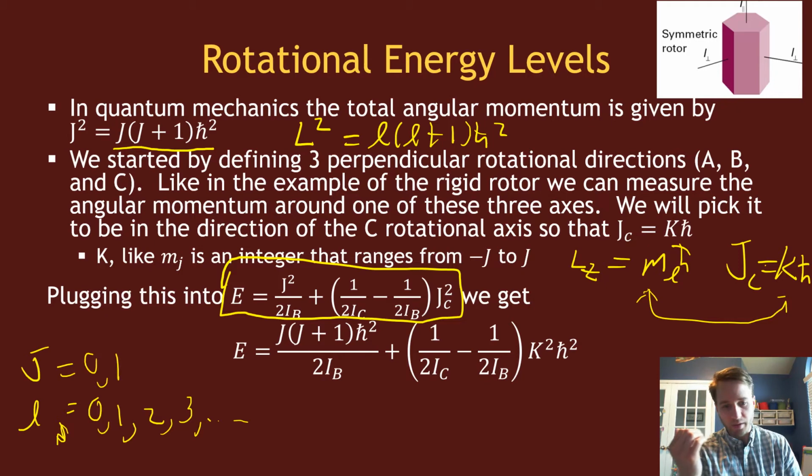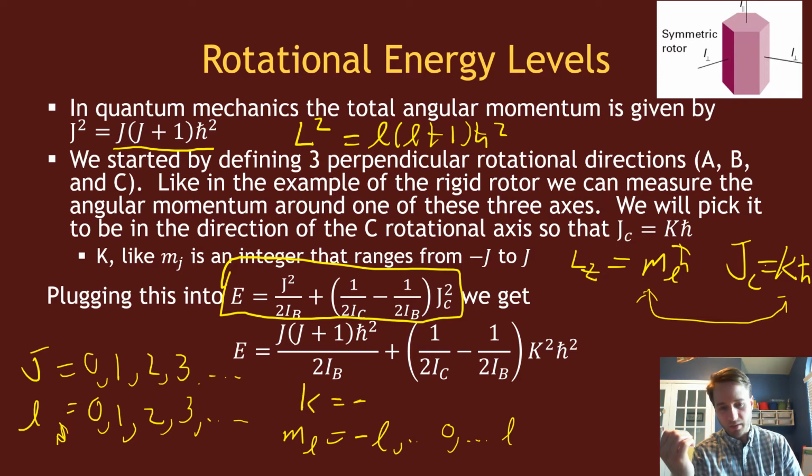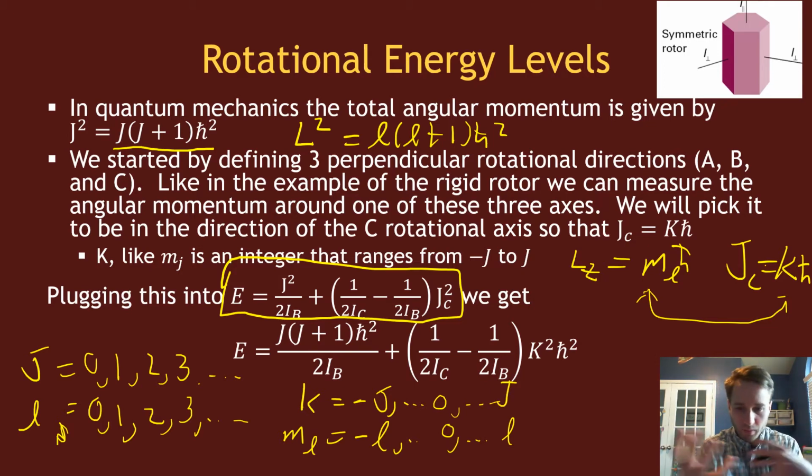M sub L goes from negative L up through 0, all the way up to positive L. K goes from negative J to 0 up to positive J. And so the J and K quantum numbers are the same type of things as L and M sub L. We're just giving them different labels, because we're referring to total angular momentum of an object rotating in space versus orbital angular momentum of an electron orbiting a nucleus.